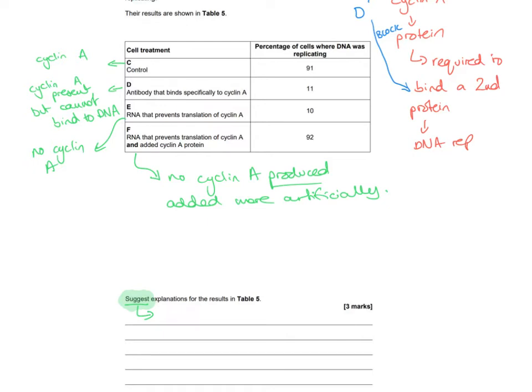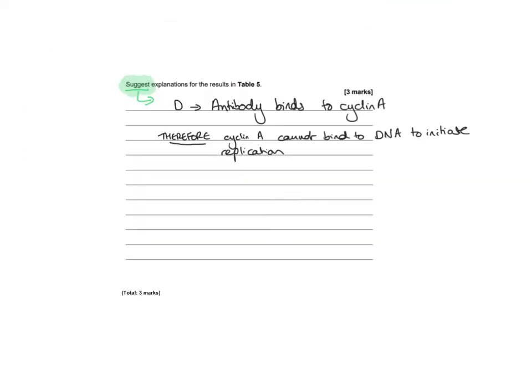So if I work through each one of those conditions, then I should pick up the marks. Okay, so a mistake that was made here was lots of people just repeated the data back at me. That's a description. Description might be tell me what you see, analyse might be do a calculation, but for these explanations, we need to make an observation, but then give an explanation, and therefore is a really useful word to use for that.